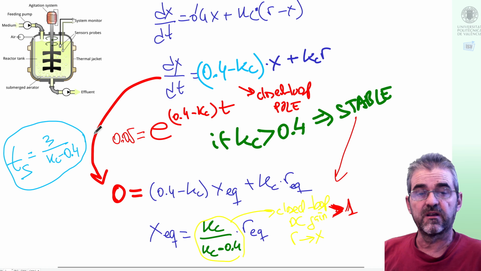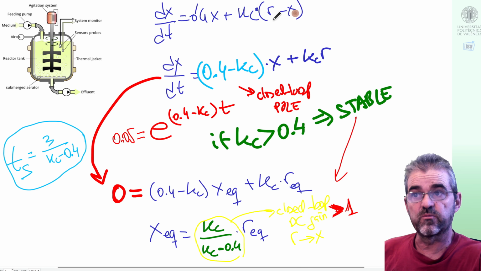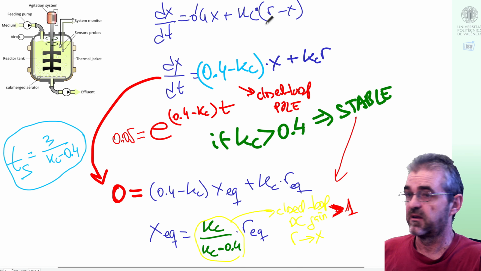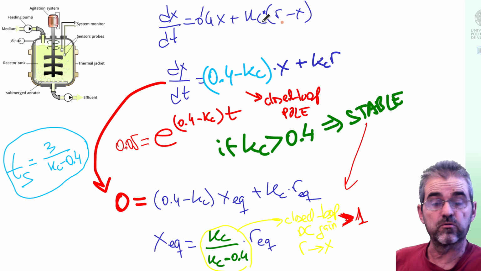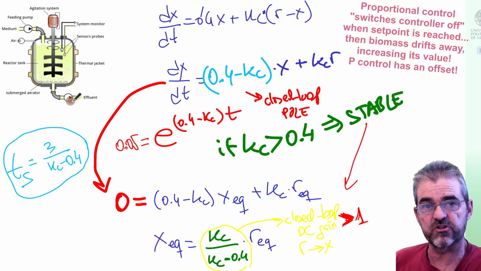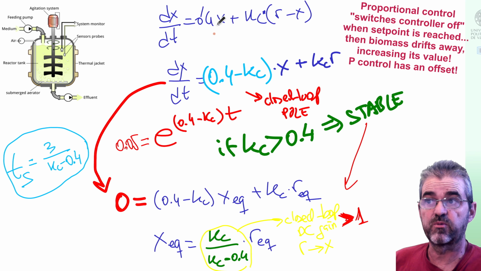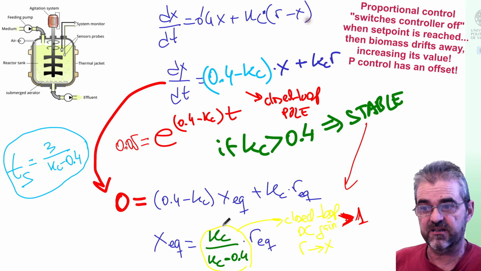Indeed, proportional control has this steady state offset because, if I want to keep 1 billion cells, then when R is 1 and X is 1, then the error will be 0, control action will be 0, so I would close, let's say, my extraction, and then population will grow exponentially. It's only when I detect that it's growing that I will extract more and more and more until I reach equilibrium.